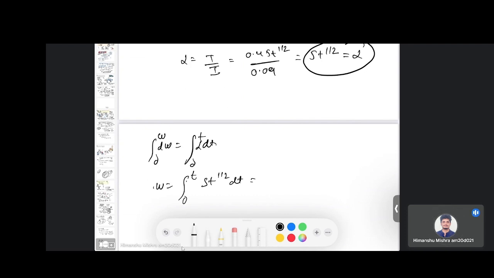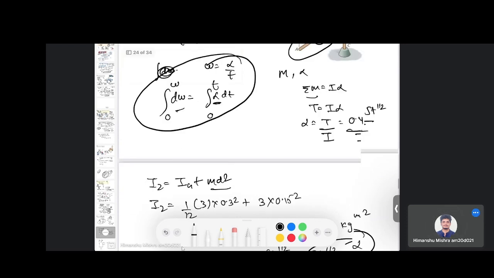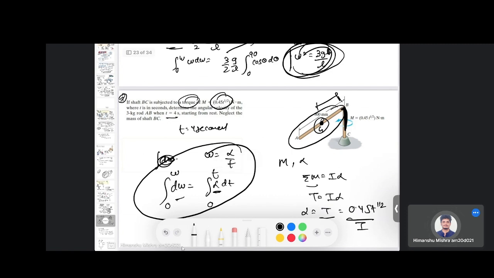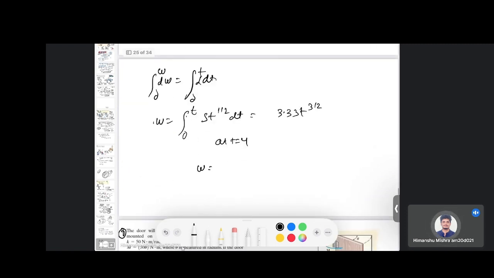On integrating this quantity, you will get 3.33 t to the power 3 by 2. And at time equals 4 seconds, omega will be 3.33 times 4 to the power 3 by 2. Solving this, you will get 26.7 rad per second.